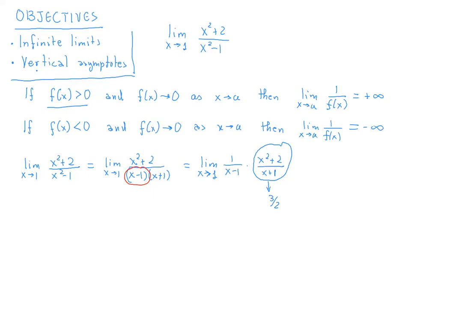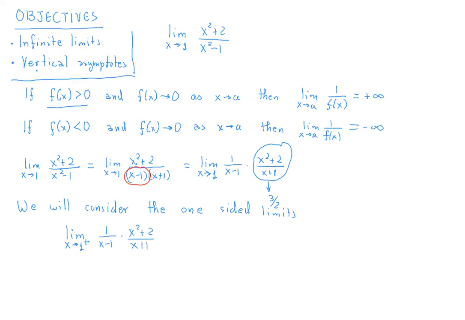So exactly because of this dependence on where x approaches from, we're going to split the limit into two limits that we're going to call one-sided limits. And here's the notation that we're going to use for those limits. Limit as x tends to 1 with a plus here, which means from the right, of 1 over (x minus 1) times (x squared plus 2) over (x plus 1).